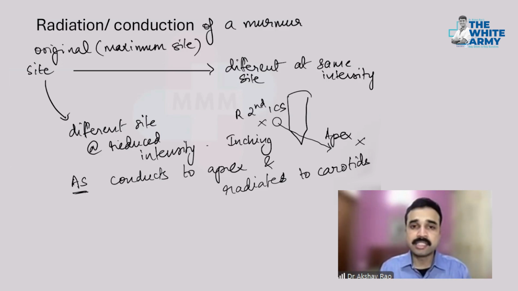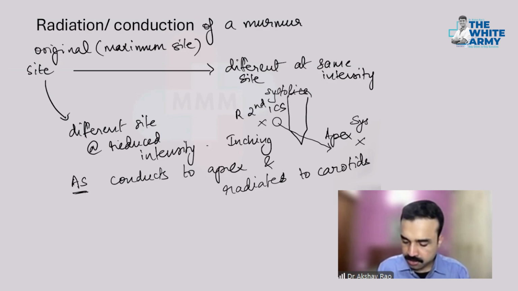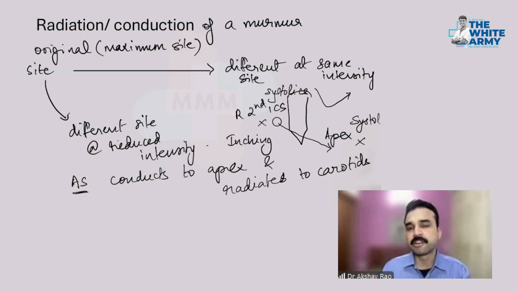In that case, it is the same murmur that is getting conducted. Whereas what if there was another lesion at the apex producing a systolic murmur? So I'm hearing a systolic murmur in the right second parasternal space, plus a systolic murmur in the apical area. How do I know if it is the same murmur or a different murmur? When I inch from the second right parasternal space towards the apex, if the intensity of the murmur first reduces and then again picks up, that means it's a different murmur.